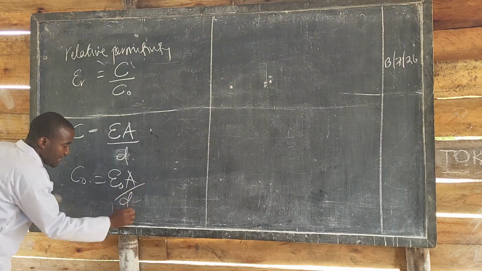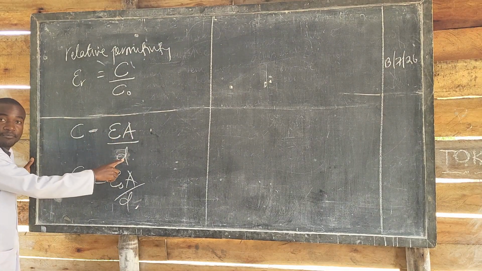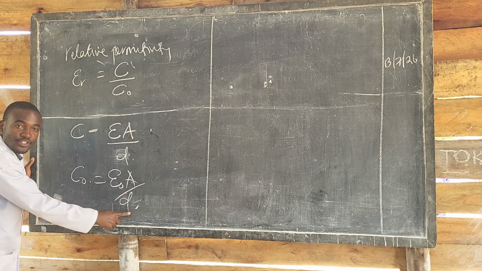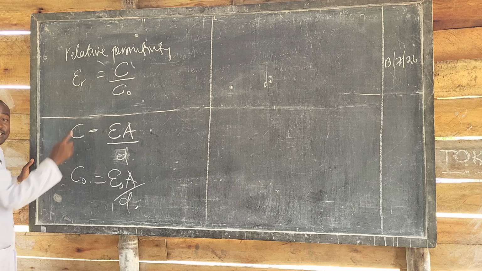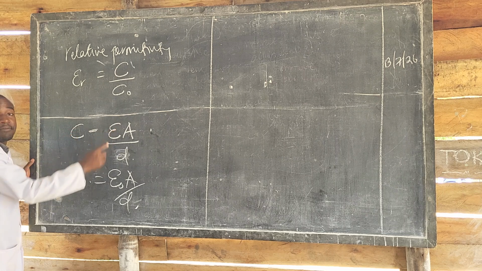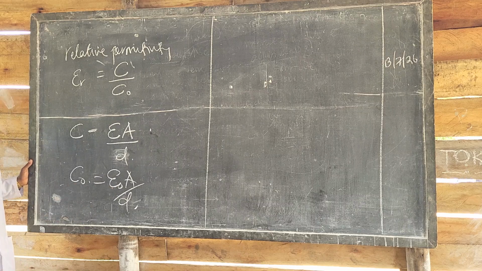So we are going to take the same area of overlap, the same separation. What is going to differ is the capacitances, which are different from the fact that the insulators placed between the plates are different, right?